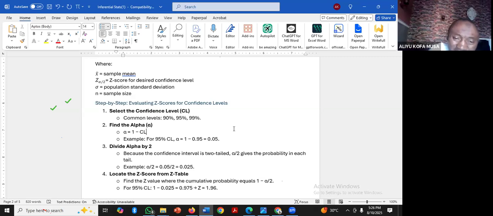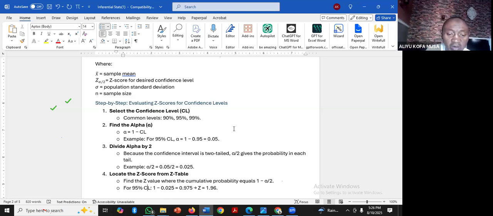They are either 90, 95, and 99, whichever one you choose. So after choosing, you calculate your alpha, you subtract. Then step number 3 is for you to divide the alpha you calculated by 2.